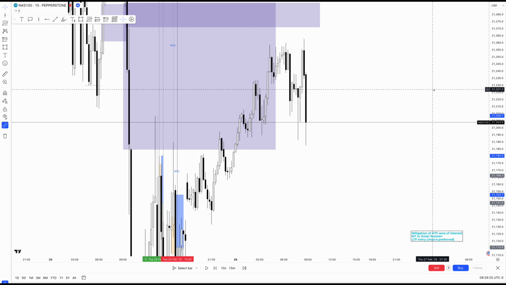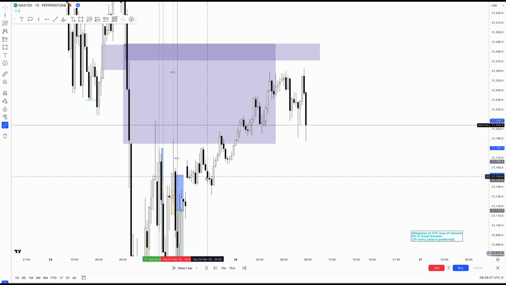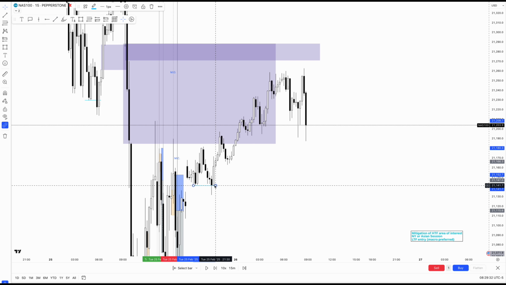Yeah, so overall, let's see. This could be an area of interest because it sweeps this liquidity here. Then it breaks to the upside, breaking that swing high, and leaves the imbalance.